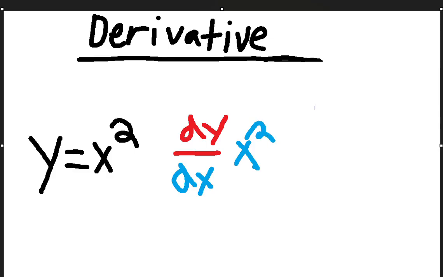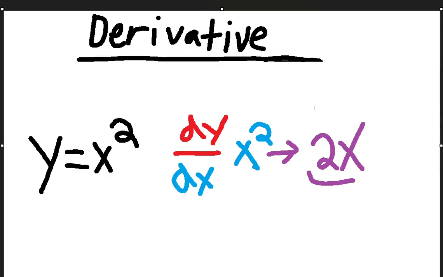And maybe at another time I'll go through how to do this, but all you need to know is that this function would turn into 2x, and that is the slope. You plug in some value for x and it gives you the slope at that point.